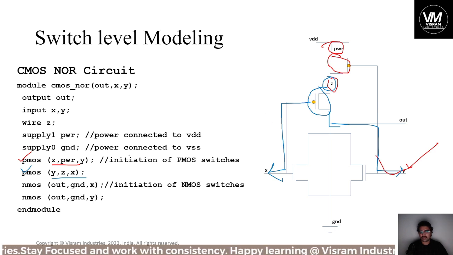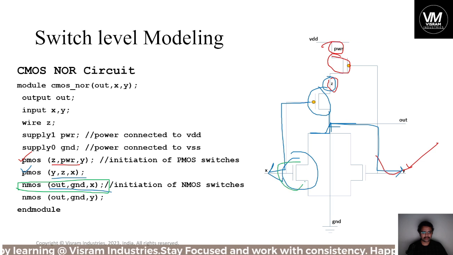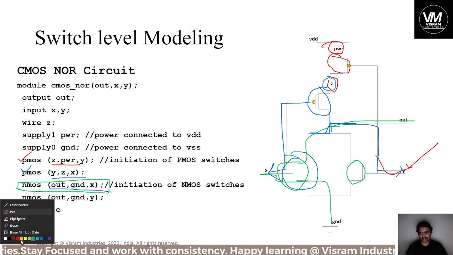Okay, and NMOS out and ground and x. This is one NMOS. I will take another color, and this NMOS is taken into ground, x, and out, and another NMOS. Let me take another color.